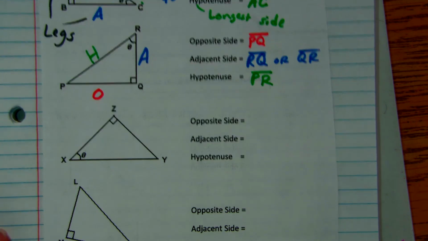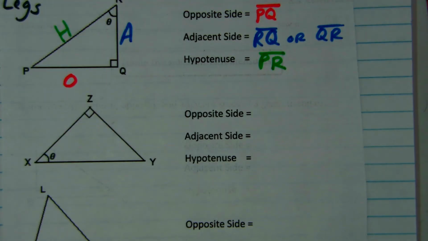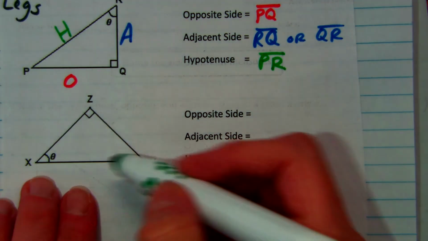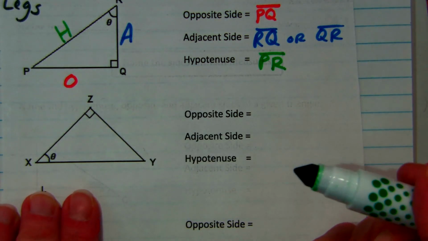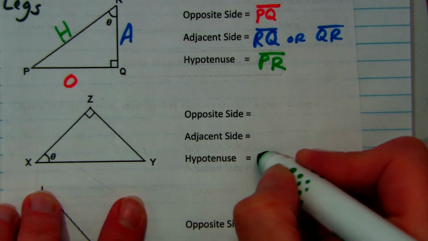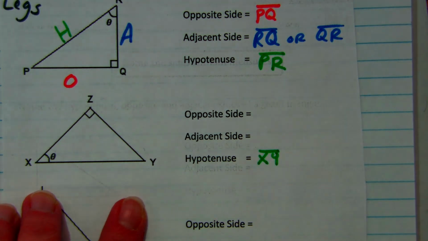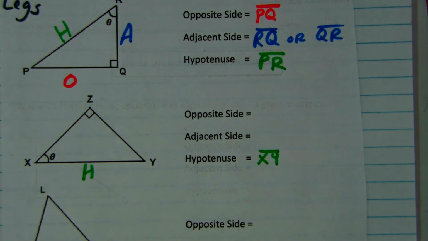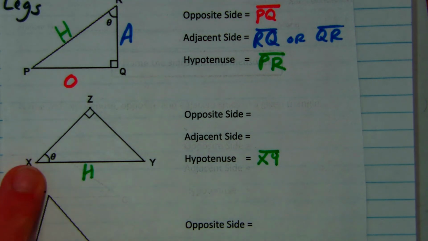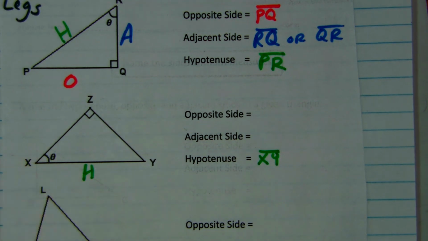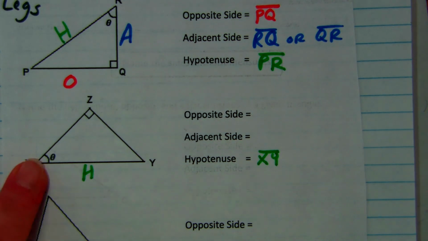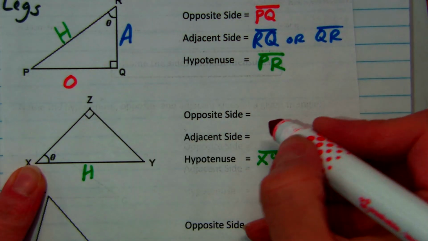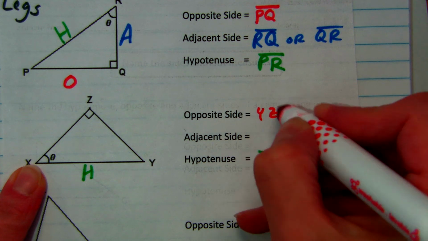Let me zoom in a little bit more. Okay, so on the next one, tell me which side is the hypotenuse? X to the Y. So we call that XY. So this would be my hypotenuse. Good. Here's my angle theta. Which side would be opposite of theta? It would be Y to the Z. So you can call it YZ or you can call it ZY.